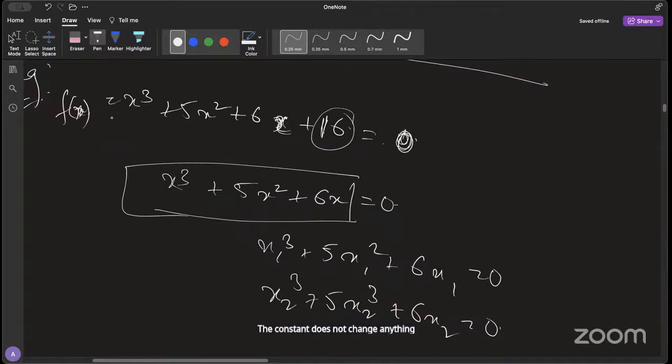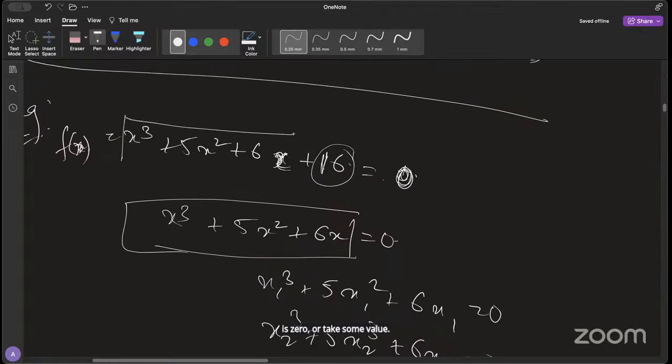If the non-constant part is 0 or takes some value, let's say if this part is 0 for two values of x, x1 and x2, that means this entire part, including 16, is 16 for both x1 and x2, right? Is this clear?